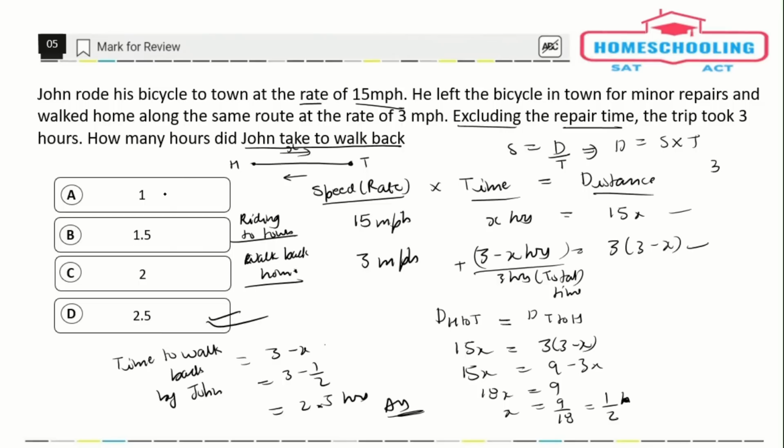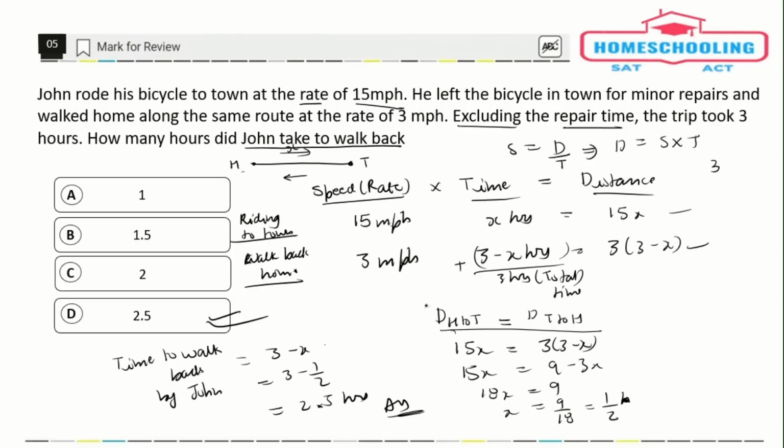This one was a nice question. Whenever you are solving these, you have to write all the data properly and see which one is constant. In the previous question, the time was properly given. Here, the distance from home to town and town to home is equal.